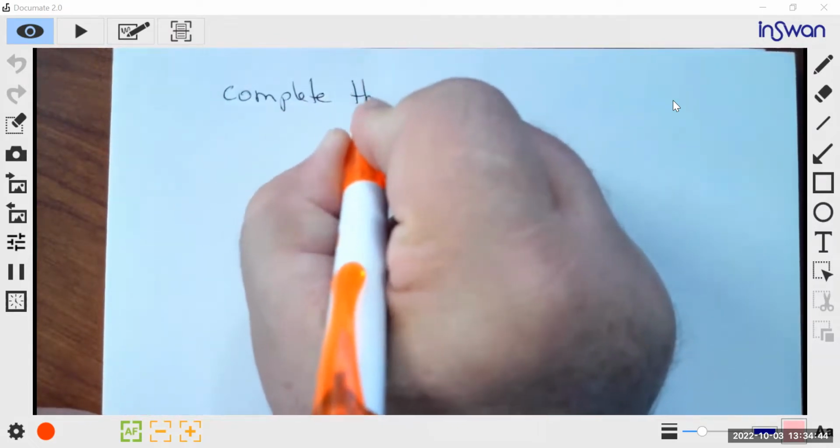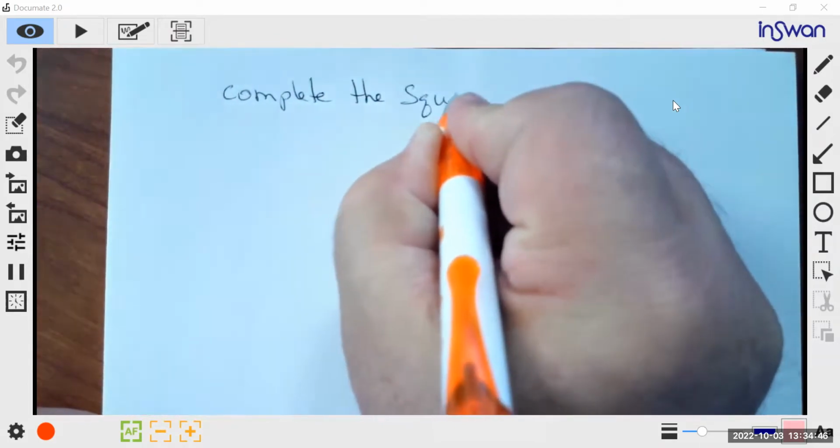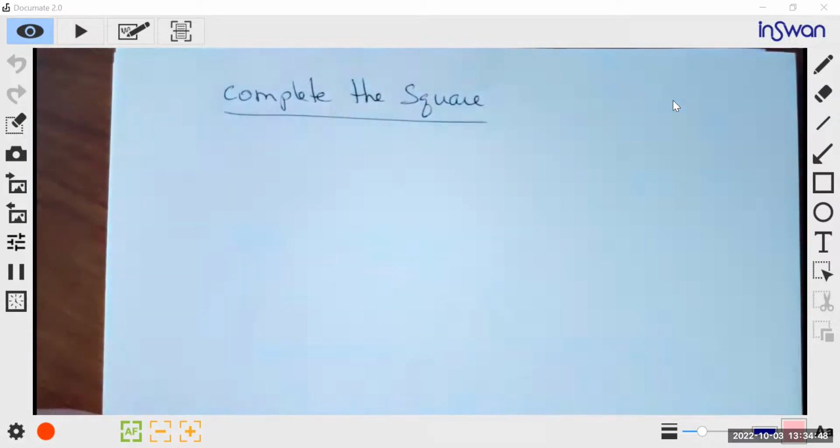Complete the square. That previous method is good as long as it's factorable.